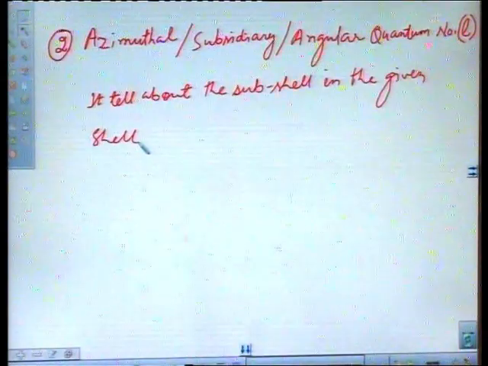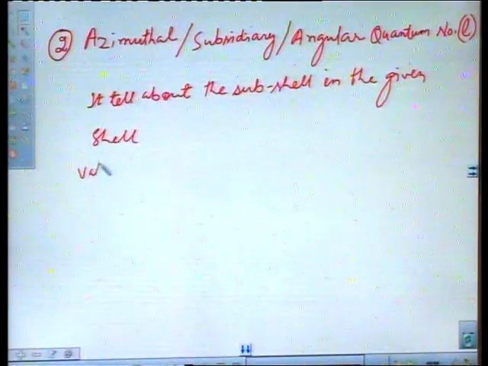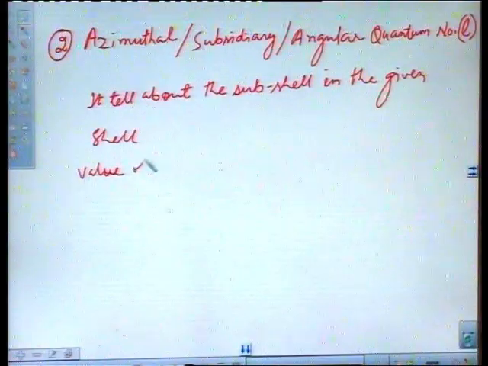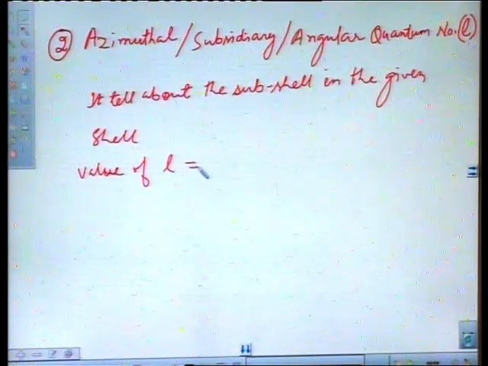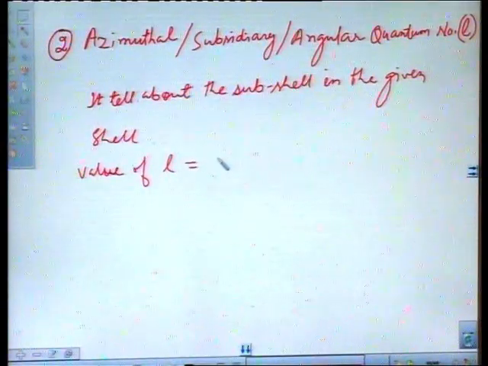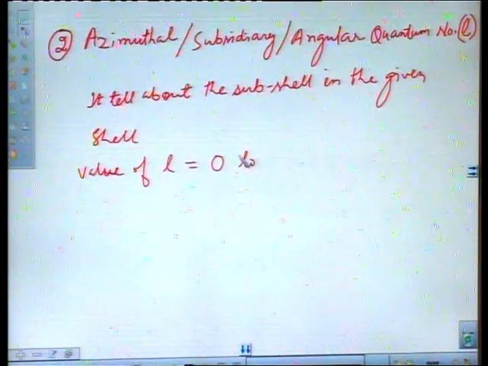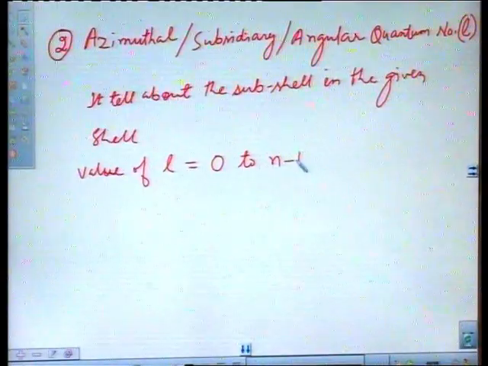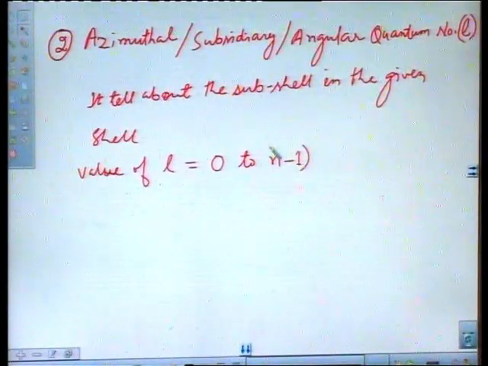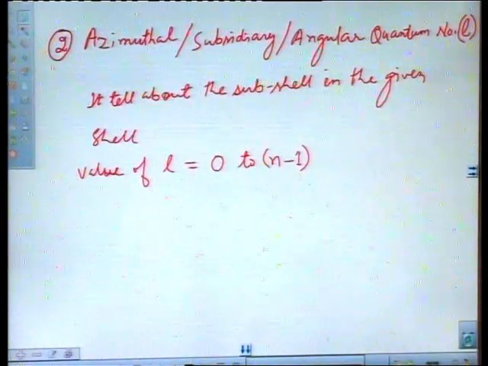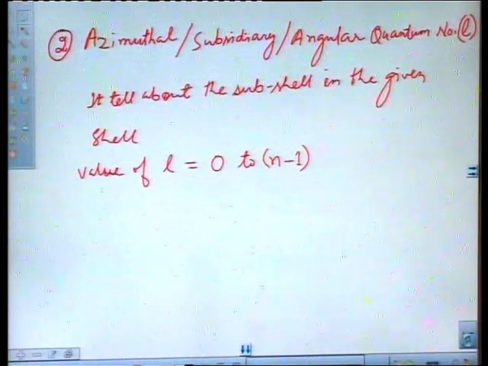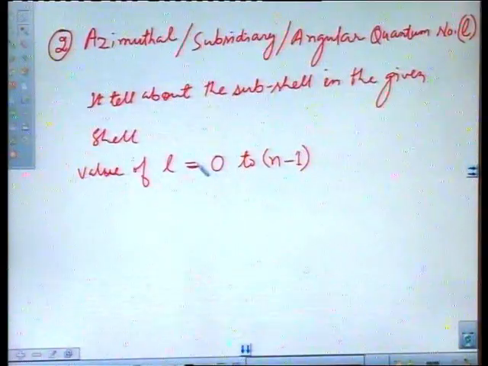The values of the azimuthal quantum number start from 0 to n minus 1.